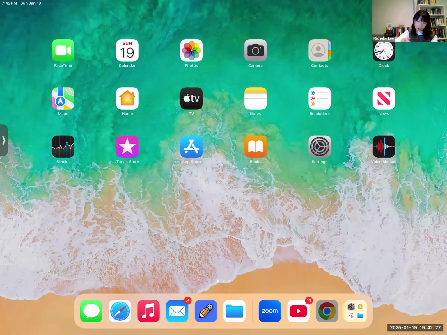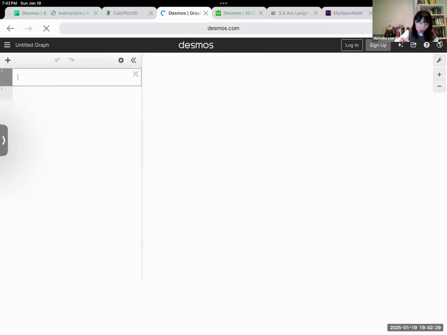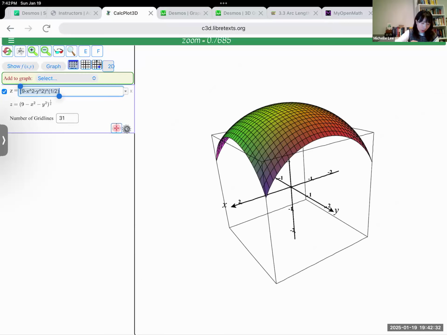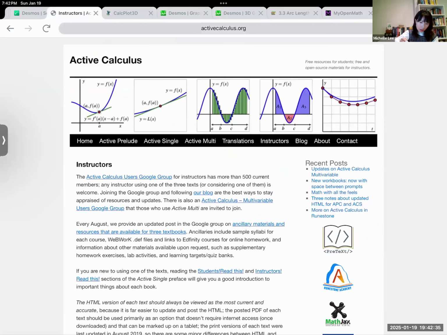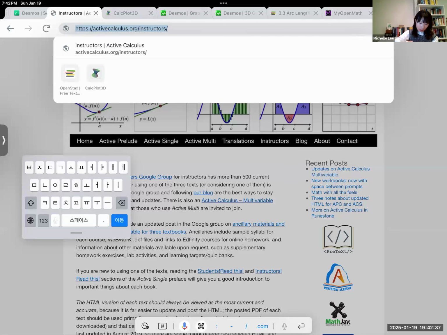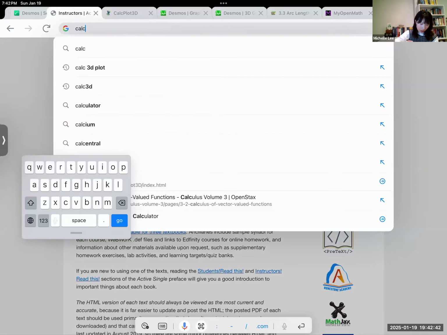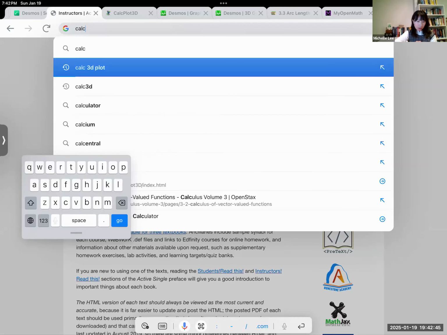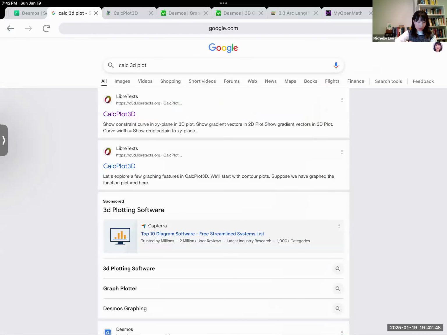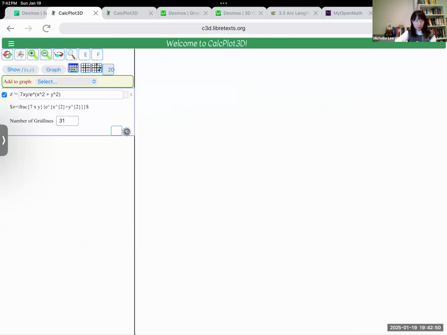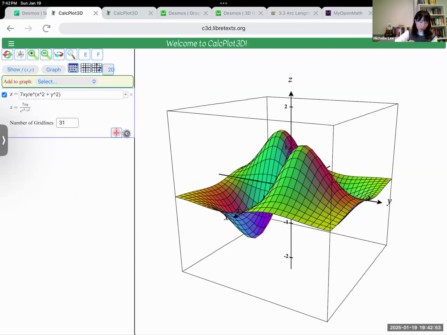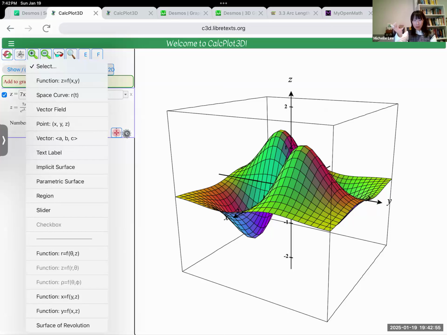Okay, so if we Google it, Calc 3D plot, there we go. So click the first one. There is a bunch of equations and functions, the space curve, vector field, or the functions.